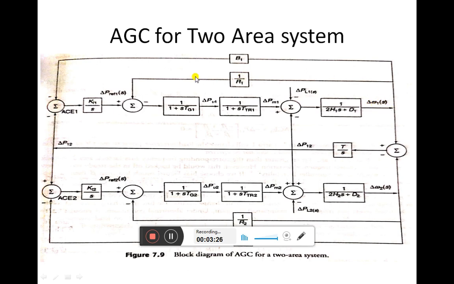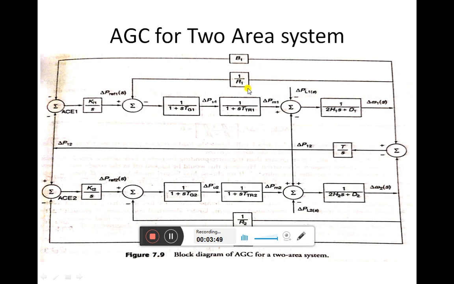Okay, so these are the four parameters of area 1. Similarly, four more parameters from area 2 we will consider, and those are delta P reference 2, then delta PV2, delta PM2 and delta omega 2. These four parameters we will consider from area 2.